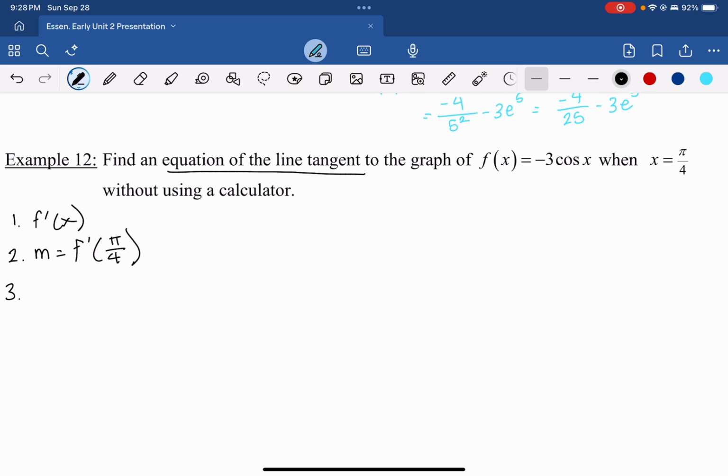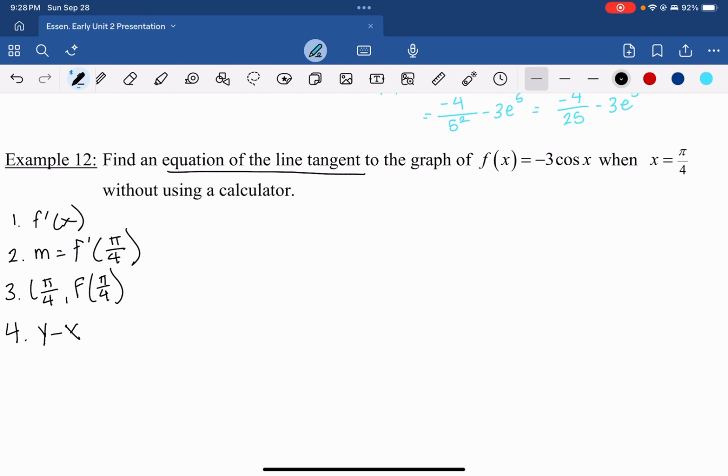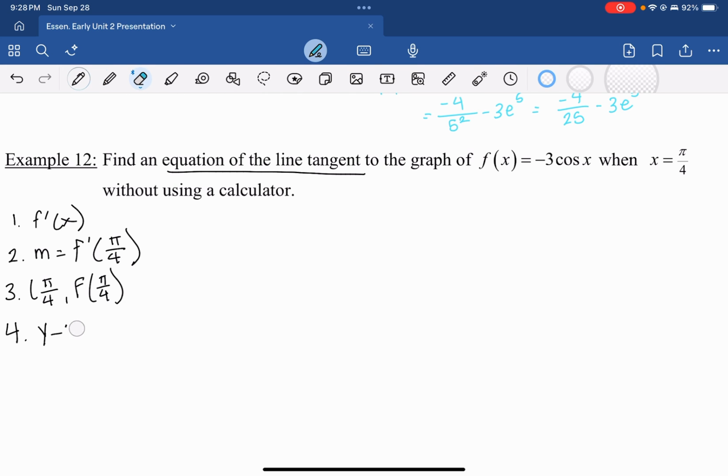And then third, we need to have our xy point. So we have pi fourths. We need to find out what f of pi fourths is. Okay, and then we plug that into our point slope form. So let's just kind of go in this order.